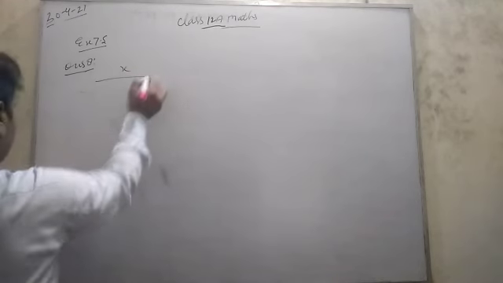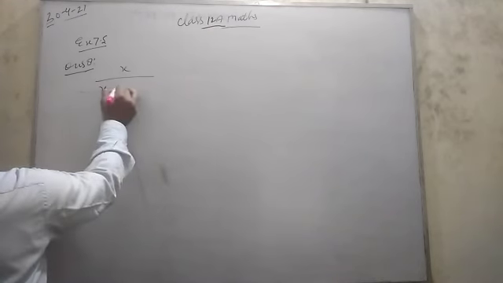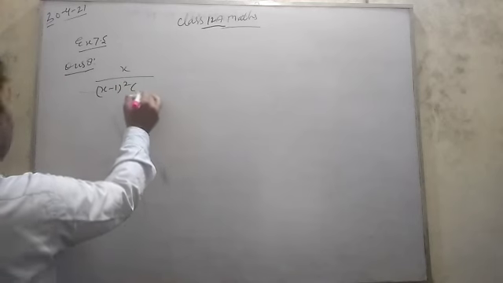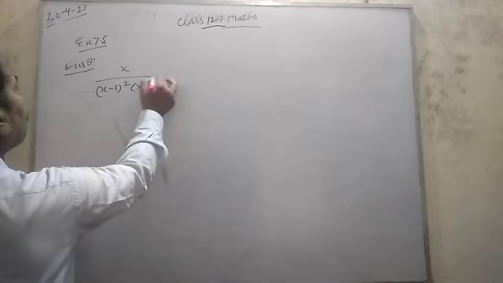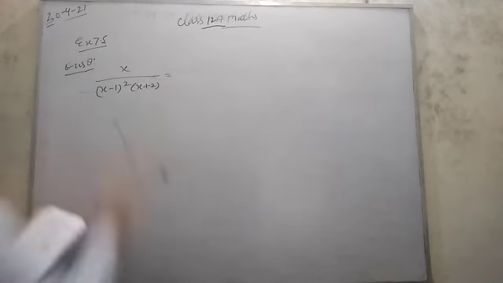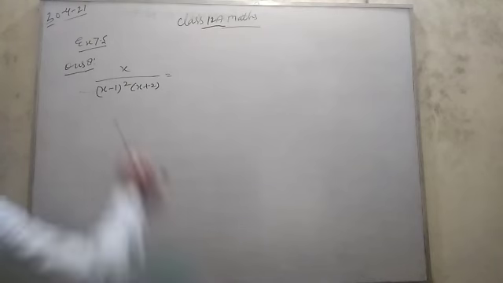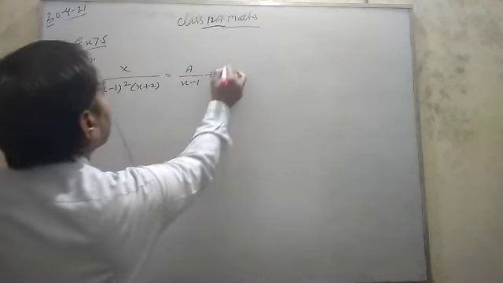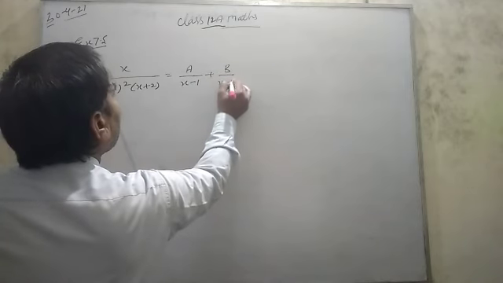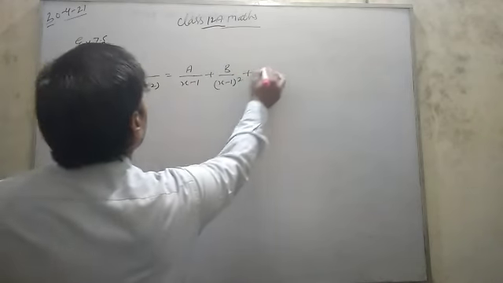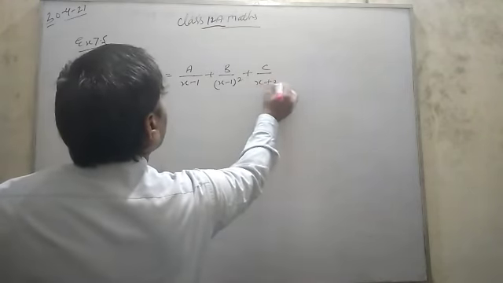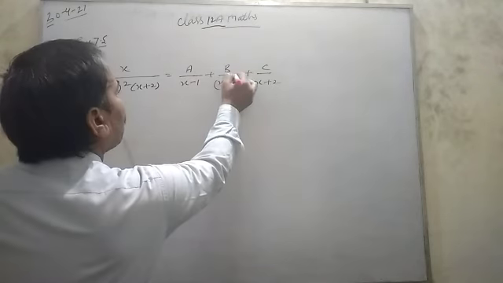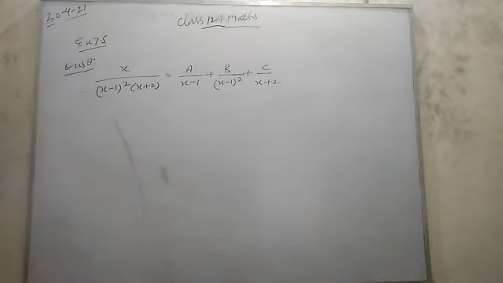So x upon x minus 1 whole square, x plus 2. So degree of numerator is less than degree of denominator. So a upon x minus 1 plus b upon x minus 1 whole square plus c upon x plus 2. Okay. Take LCM and find A, B, C values and then integrate it.